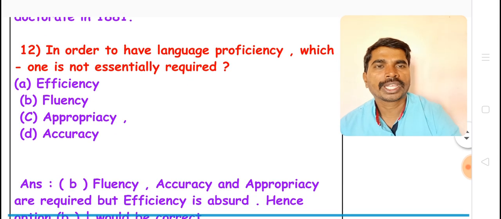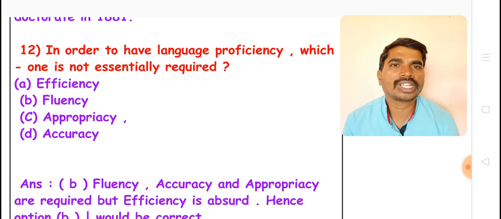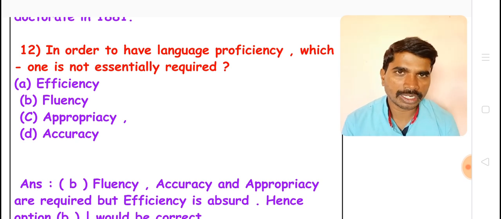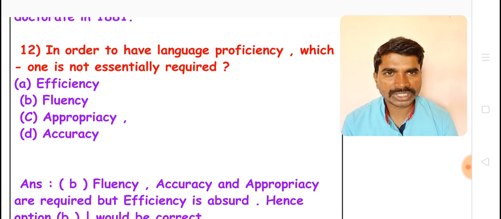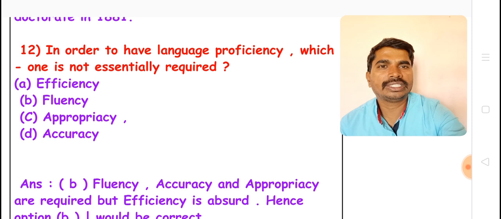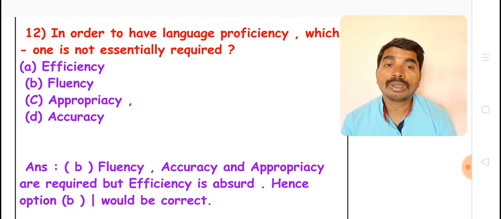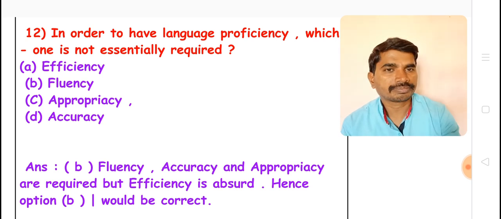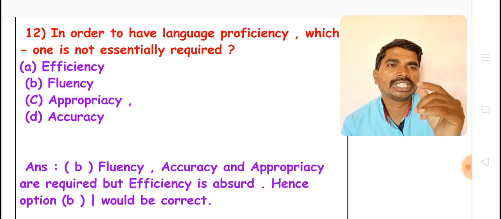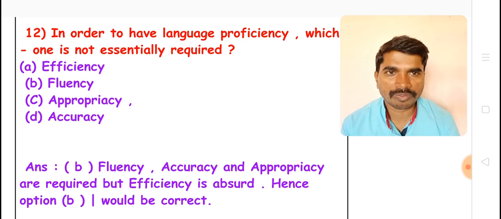Next question. In order to have language proficiency, which one of the following is not essentially required? Efficiency, fluency, appropriacy, accuracy. So here fluency, accuracy and appropriacy are required.